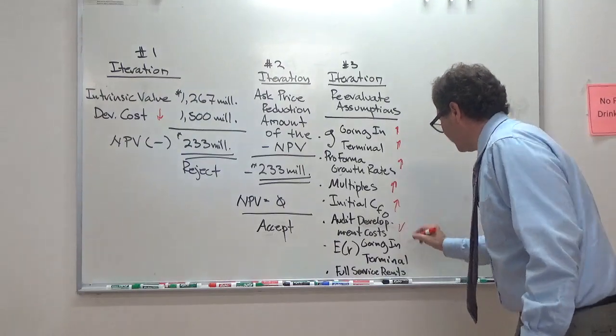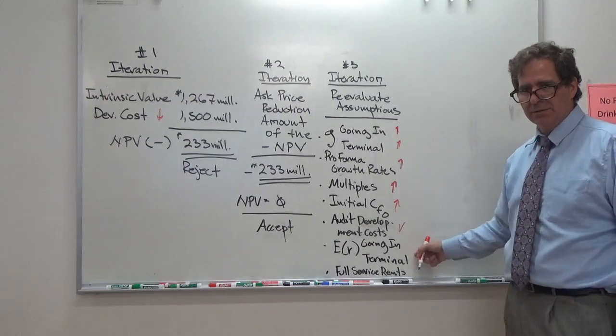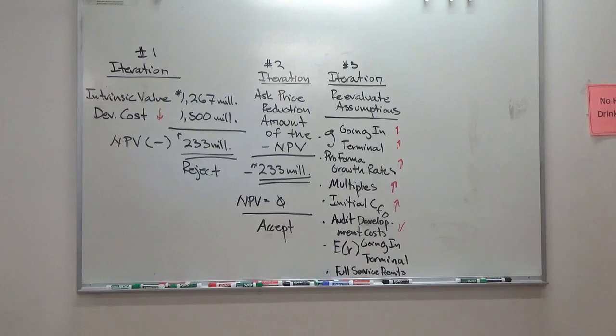What about the expected returns? Could we have overestimated the discount rates? We have overestimated them. If we're using too high a discount rate, the present value goes down.